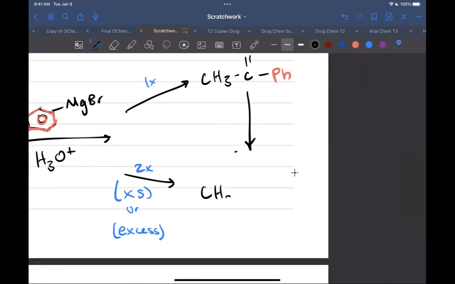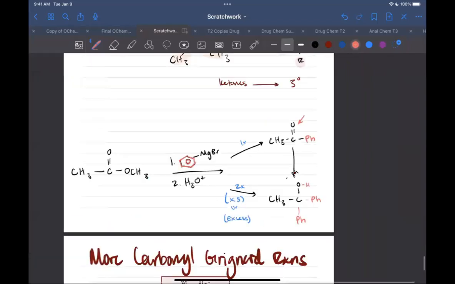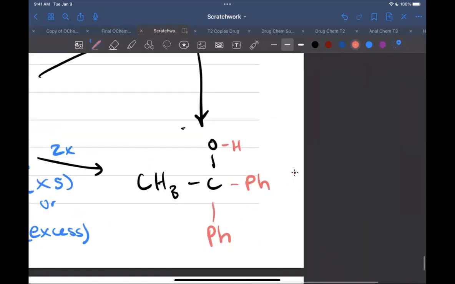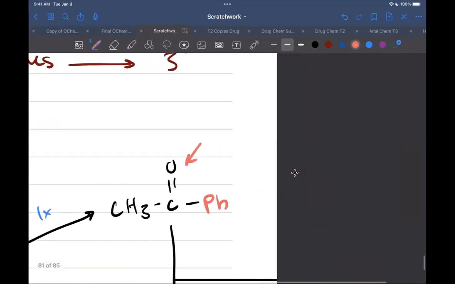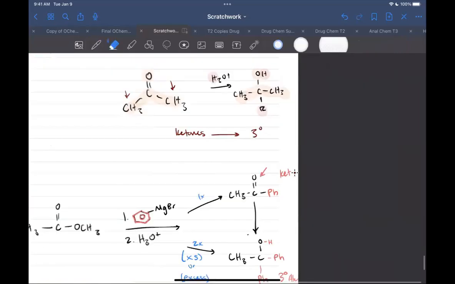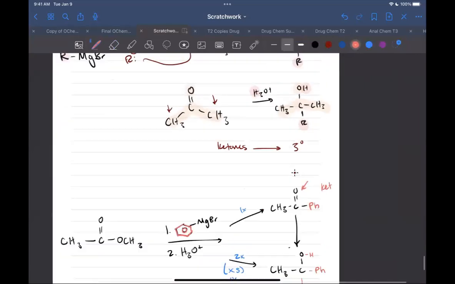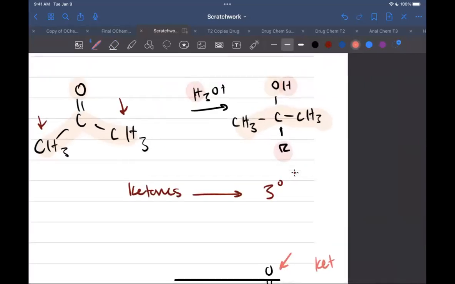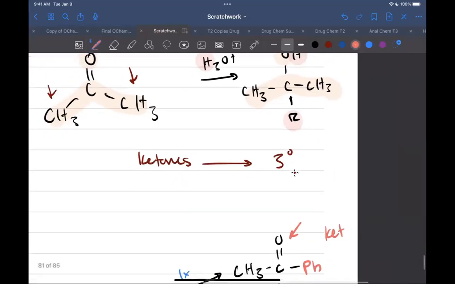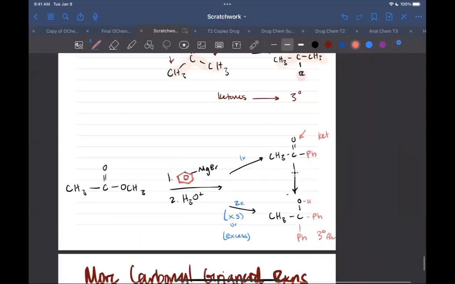So we'll get something like this. Remember, our Phs are our R groups. There you go. Now you create a tertiary alcohol. So we create a ketone here, right? And from up here, ketones, if you treat them with another Grignard, make tertiary alcohols. So these are the patterns they have to see.